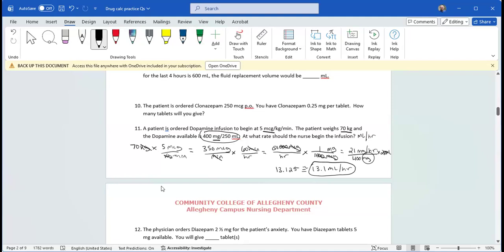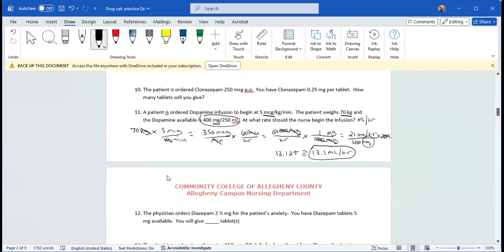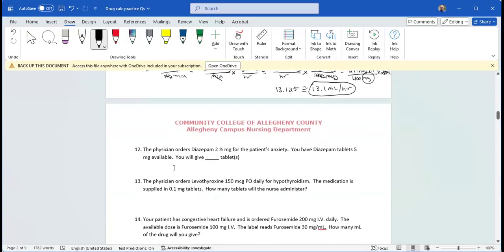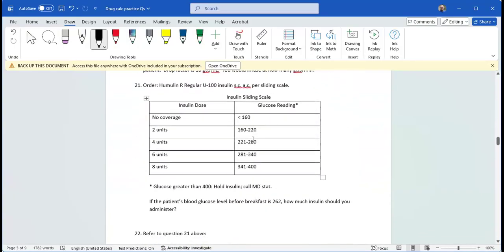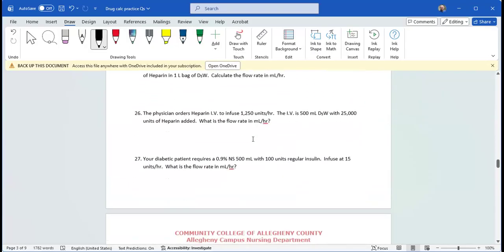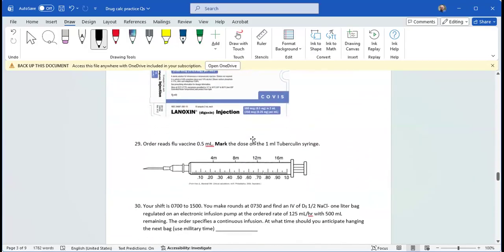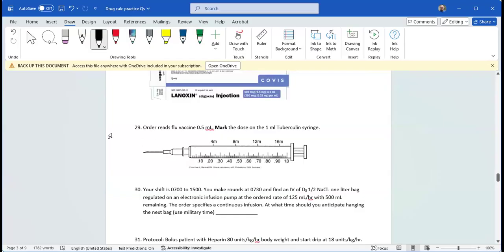Are there any questions that stood out on this practice test that you had difficulty with, or was everything pretty straightforward? Number 29, thank you. Okay. So, for 29, the flu vaccine, 0.5 mil, mark the dose on the 1 mil tuberculin syringe.